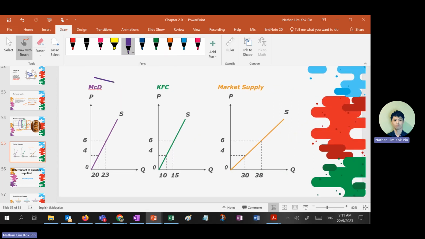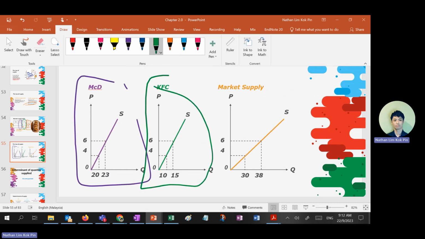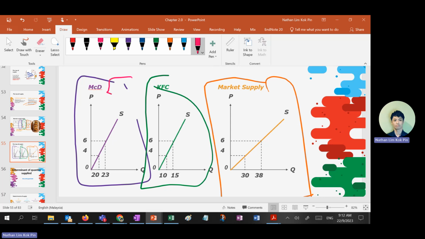The first one is individual supply. The second one is KFC's individual supply. The third one is market supply. Is my diagram correct or wrong? But there is no product name. What else is missing?